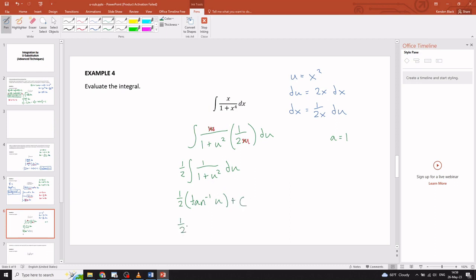So 1/2, oh, we don't really need the parenthesis, do we? One-half arctan of x squared plus c.